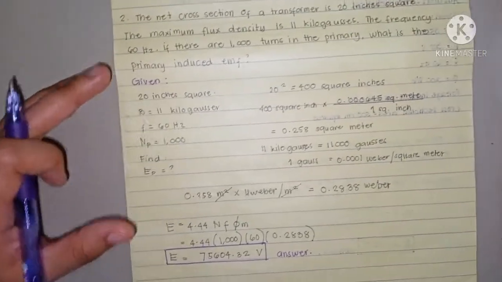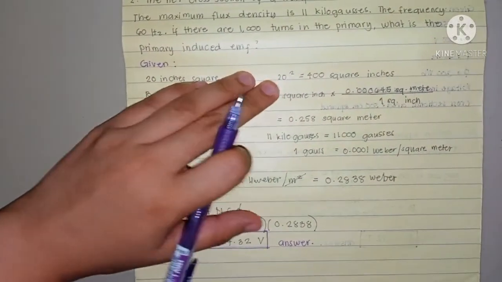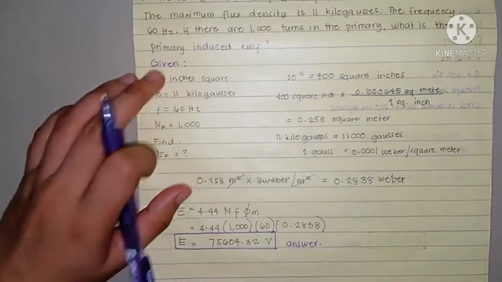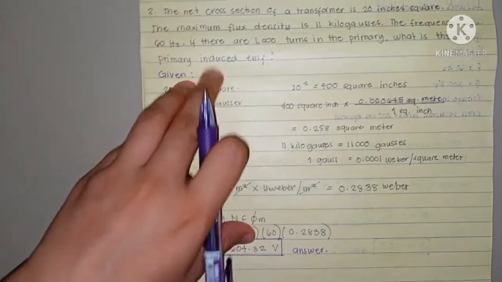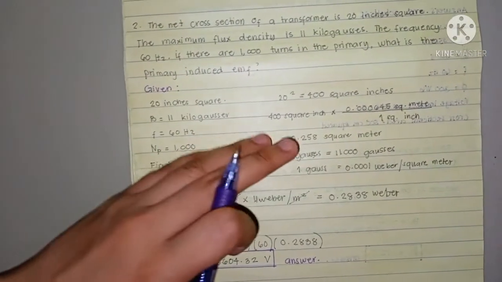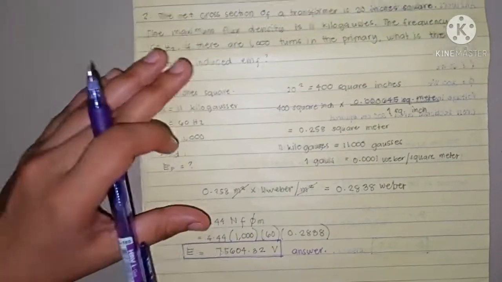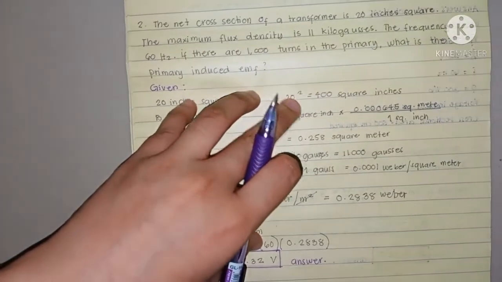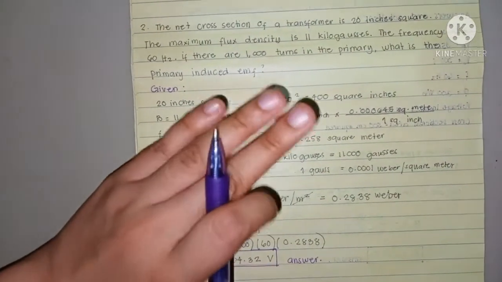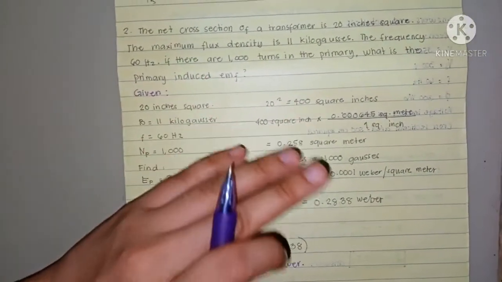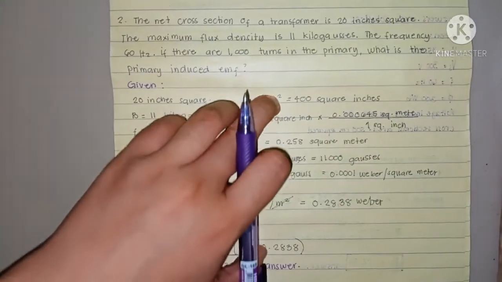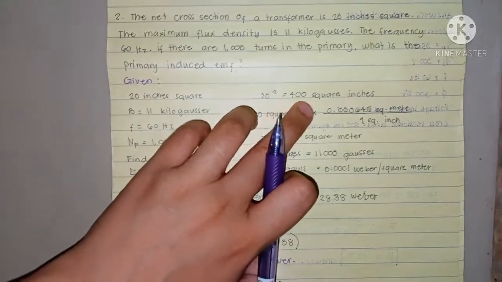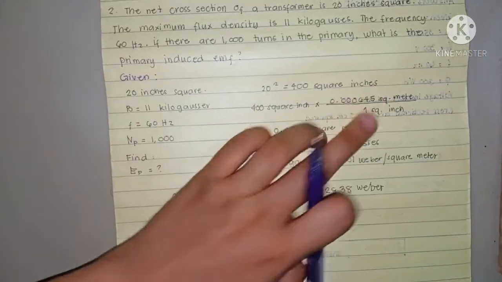So first, in our solution, as I said earlier, the 20 inches square is a dimension, and before we could use it as an area, we have to raise it to 2 to have it in square inches. So 20 squared is equal to 400 square inches.